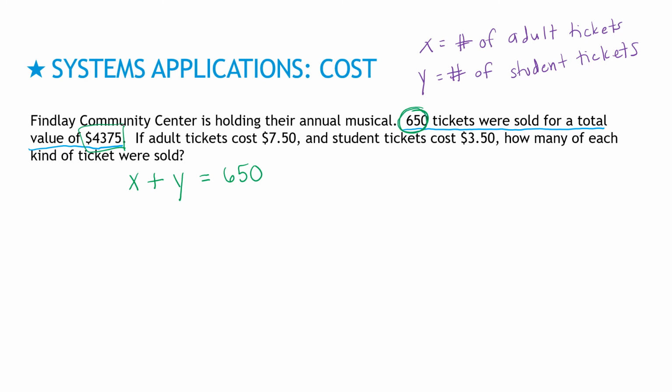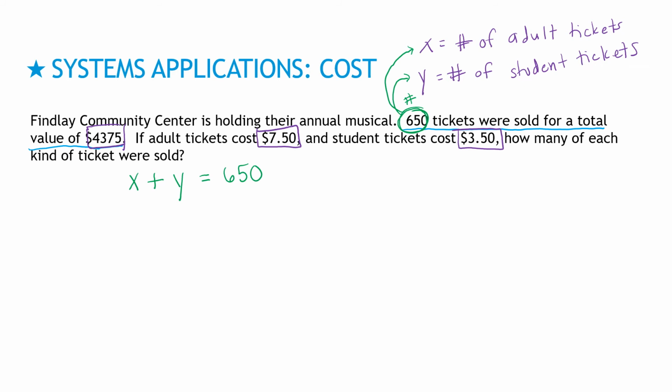650 tickets is a number of tickets, so it makes sense that that would go with just regular X and regular Y. Now my second value, and I'm going to circle it in a different color, that I haven't used yet is 4,375. Now, why haven't I used it? Because that's a cost, and so I'm going to have to include the cost of each ticket in the equation that uses the 4,375.